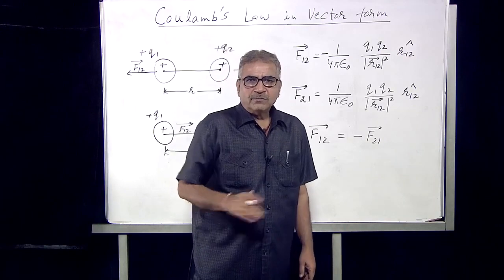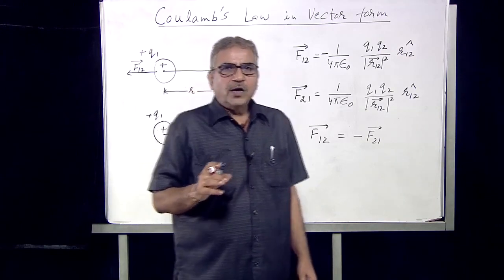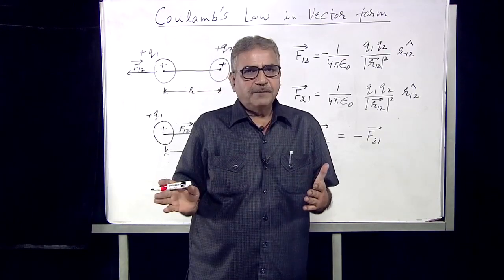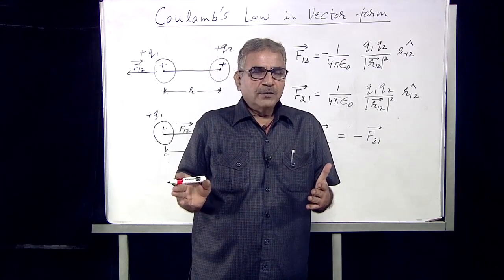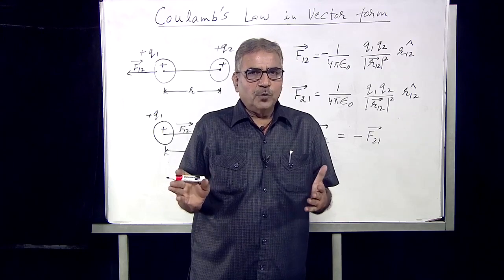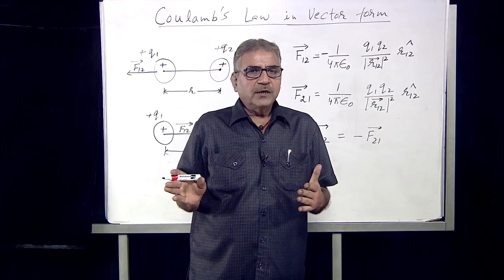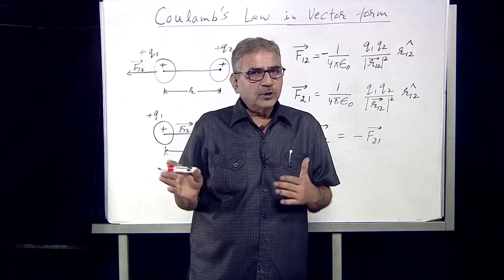So, now we have clearly understood how Coulomb's law can be explained in the vector form, and we have also found that the force on charge 1 due to 2 is equal and opposite to the force on charge 2 due to 1. Today, we have understood what the Coulomb's law is and how it can be represented in the vector form.